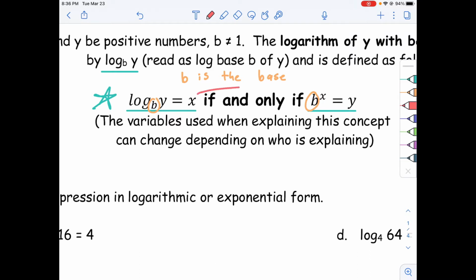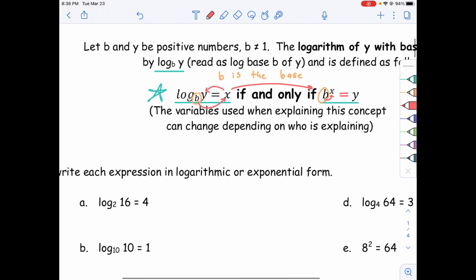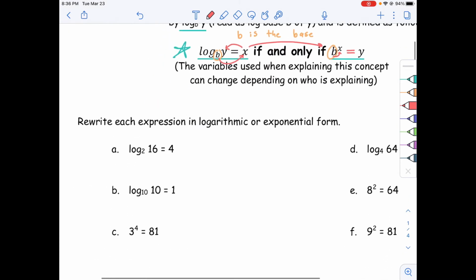To go from a log to an exponent, we take b, we raise it to the x power, and then it's equal to y. So we take this b, raise it to x, equal to y. And that is the relationship between logs. I know it looks a little weird right here, but let's go through some examples.